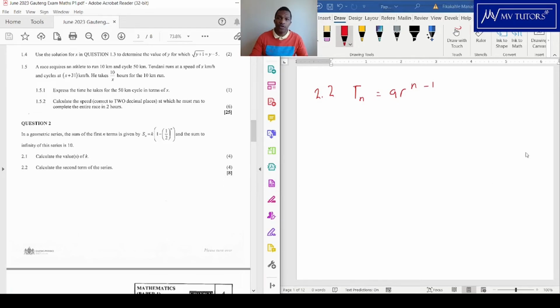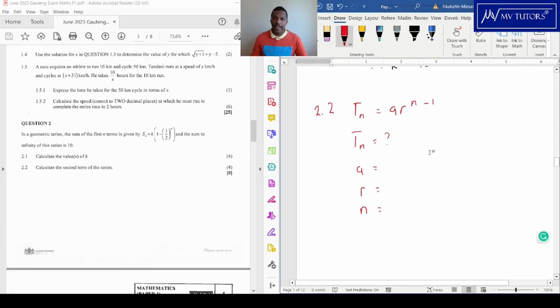Okay, we're looking for T2. Tn, that's what we're looking for. A value of a. Do we have the value of a? It's what we had to solve. The value of r, and the value of n. Okay, let's go ahead.